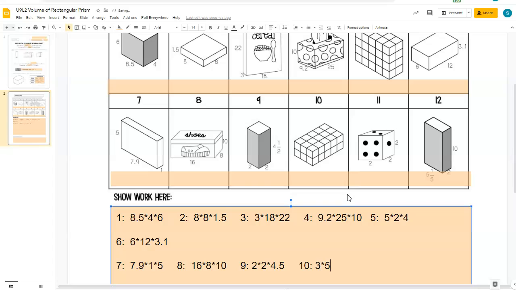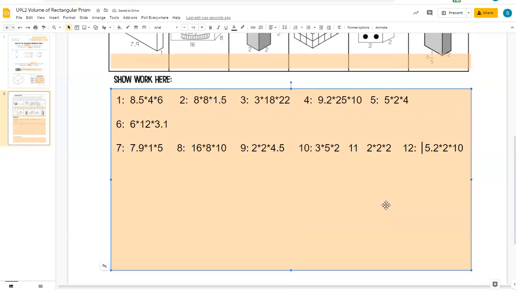So 3 times 5 times 2. 11, it's 2 times 2 times 2. And then 12, it's 5. 1/5 is 0.2. So I just know that. You might not know that. You could definitely leave it as a fraction and have a fraction as your answer.